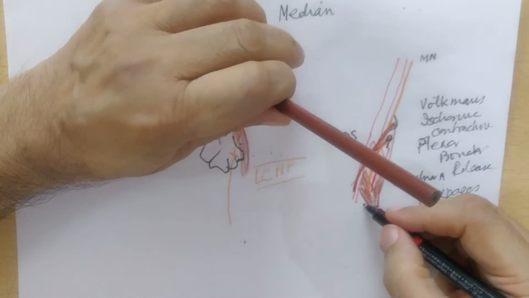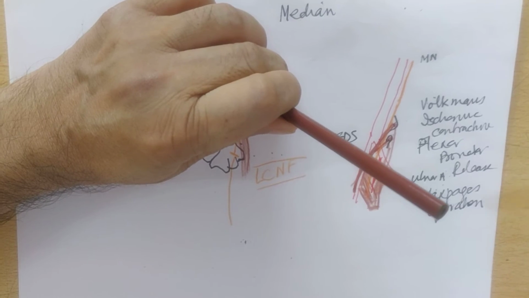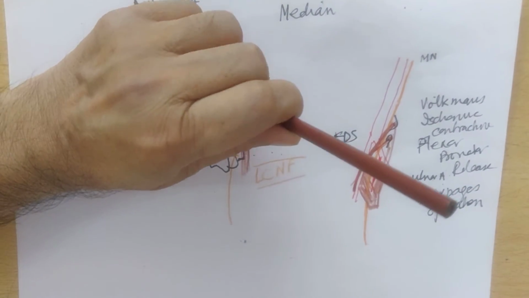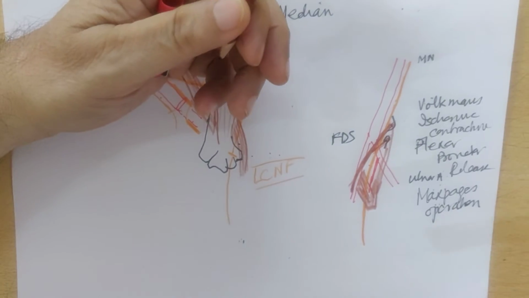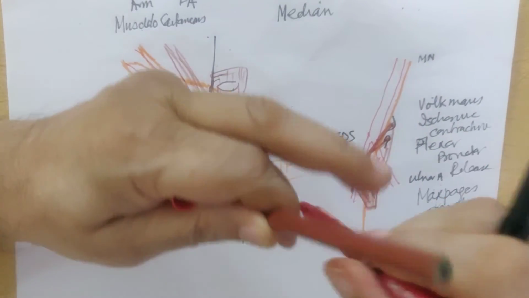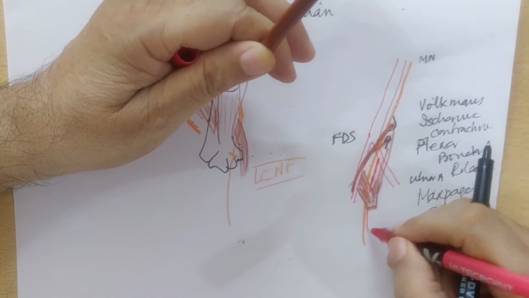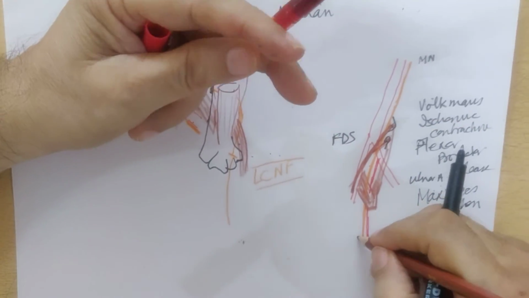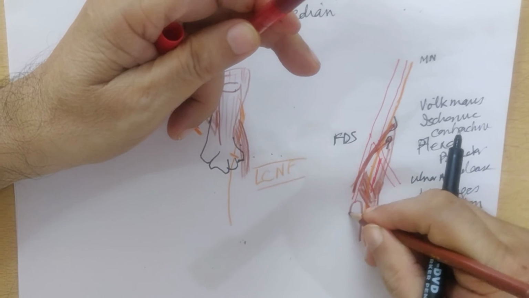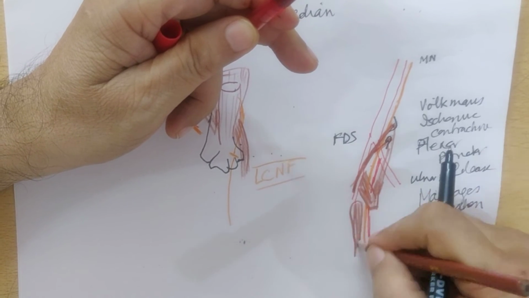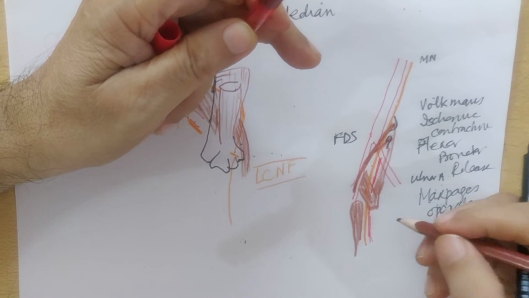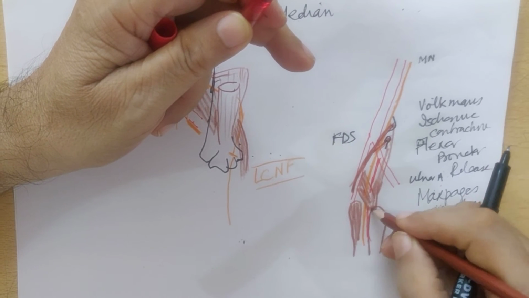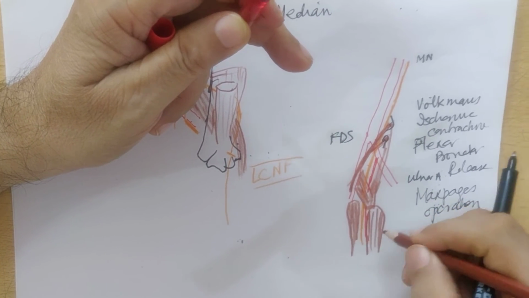Then as the artery and the nerve proceed below, they lie between the flexor pollicis longus on the radial side and flexor digitorum profundus with its 4 tendons.